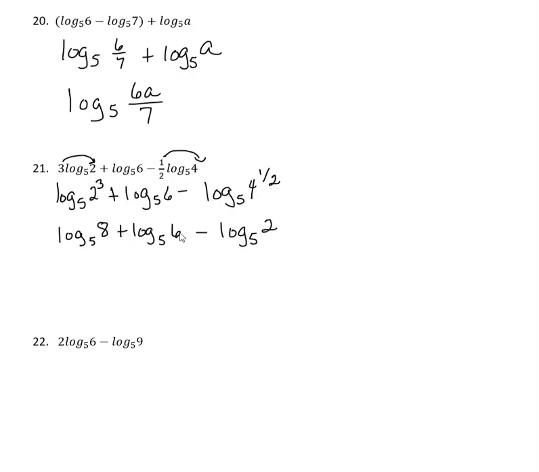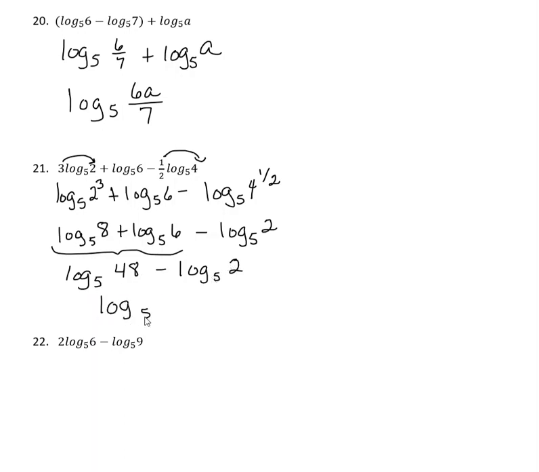Now, I'm going to combine these first two terms, and using my rules or laws of logarithms, I'm going to be multiplying these two terms. 8 times 6 is 48. And then I'm going to combine these two logs into one log.